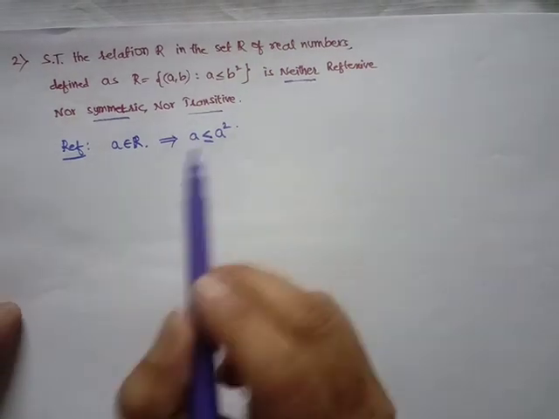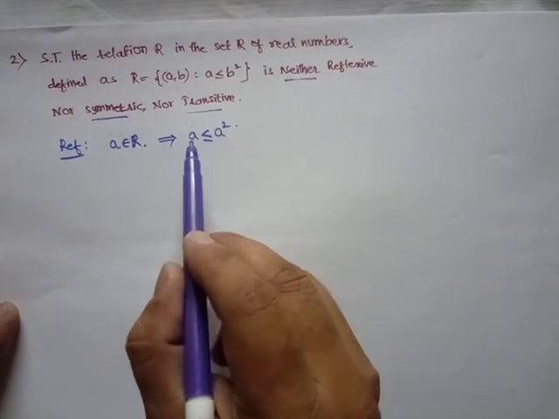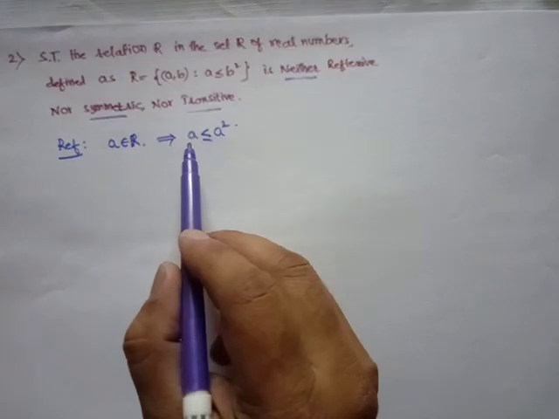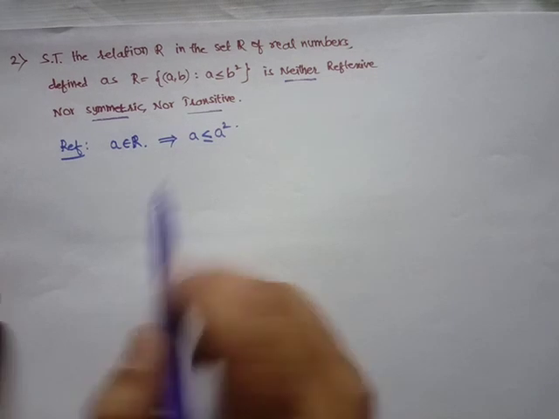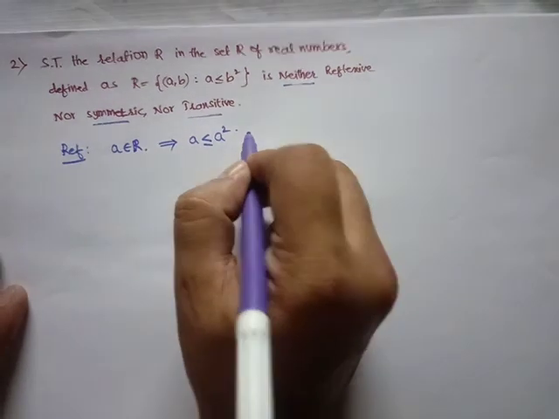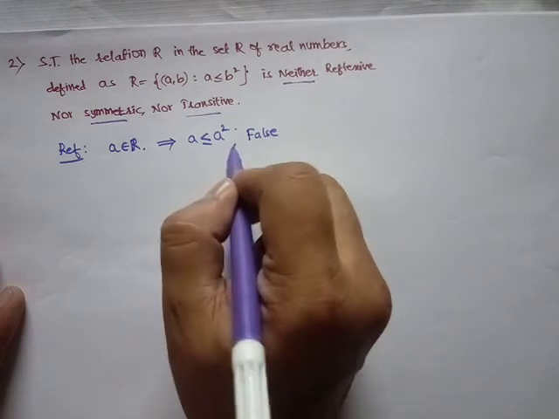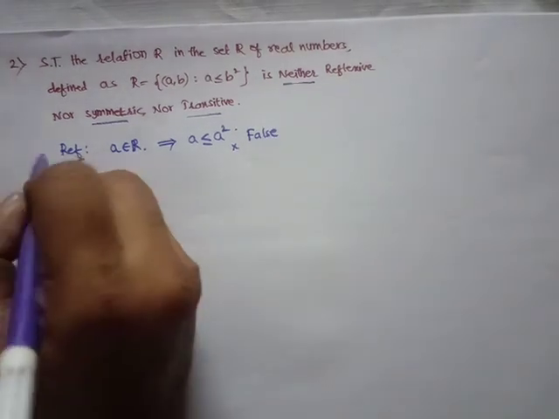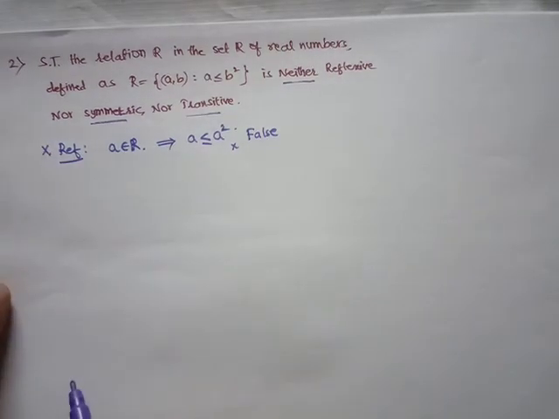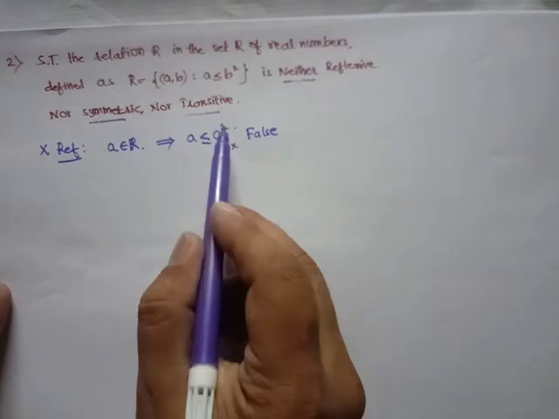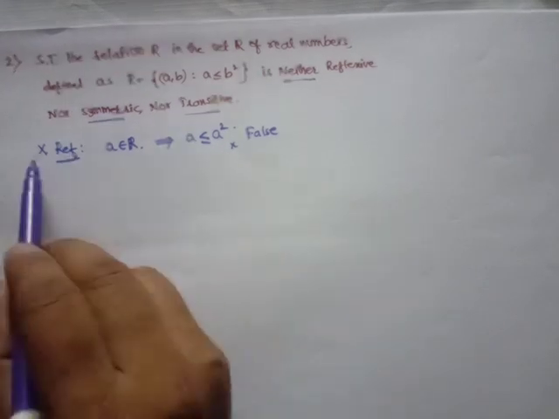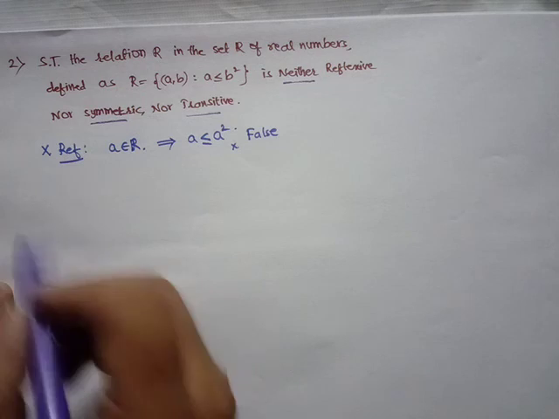So a less than or equal to a square is not applicable for all the cases. It will be applicable for a equals to 1. So in that case it is not true. It is a false condition and it cannot be said. So it is not reflexive, and a less than or equal to a square is a false condition. That's why it is not reflexive.